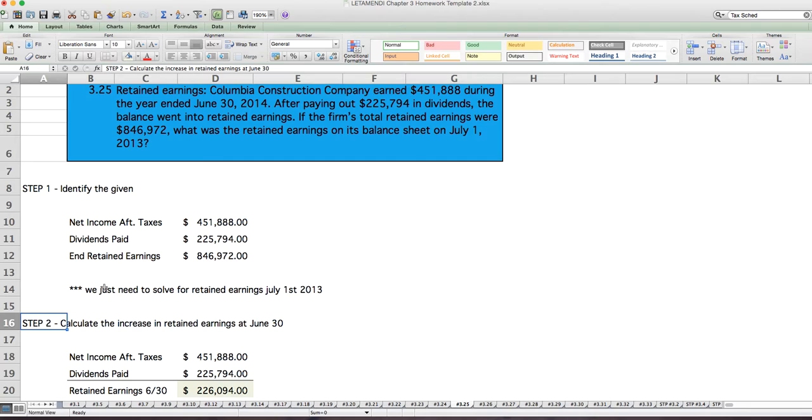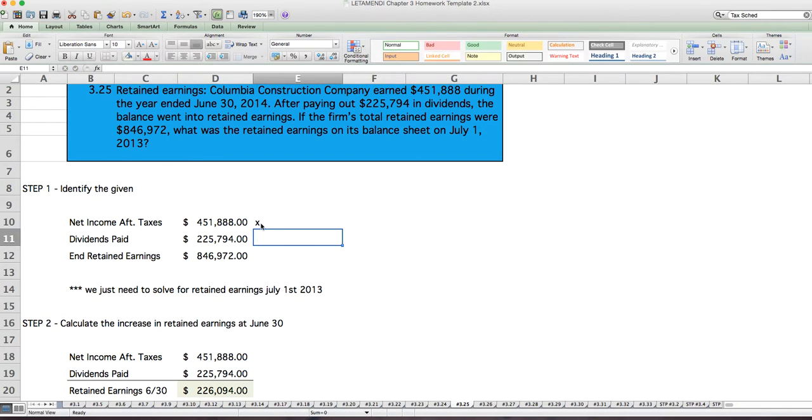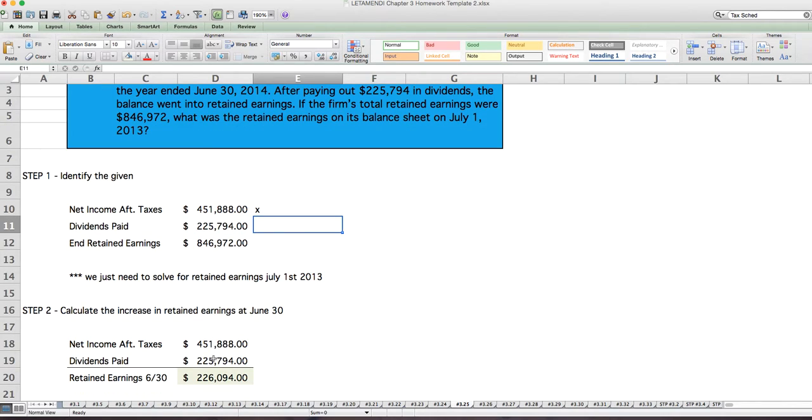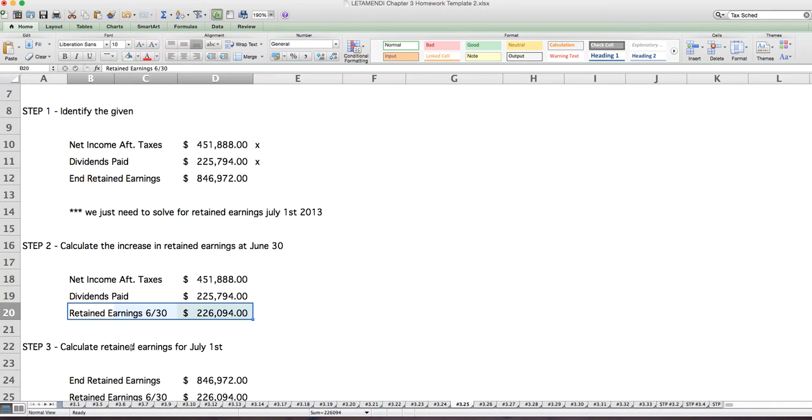So the net income after taxes, we have it from up here. The dividends paid, we have it from up there. So the retained earnings on June 30th is essentially just the net income after taxes minus the dividends that were paid. So now we know what the retained earnings on June 30th was.